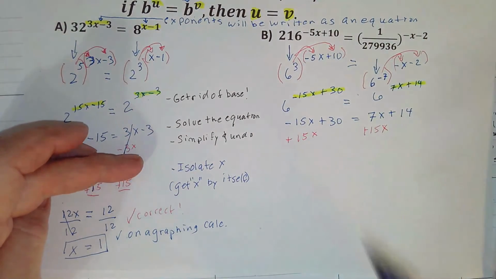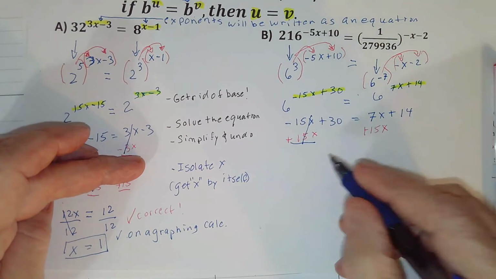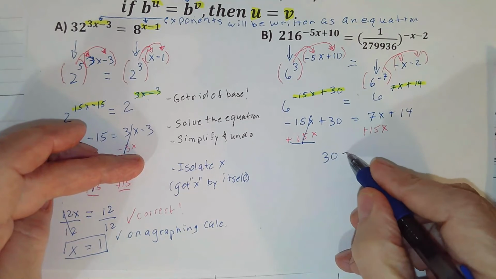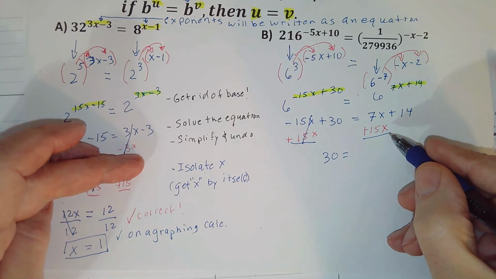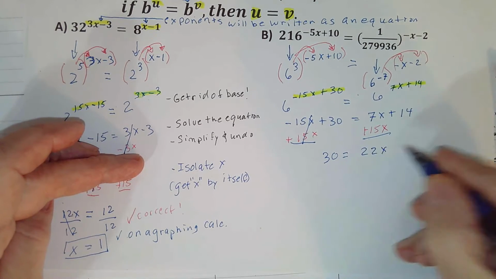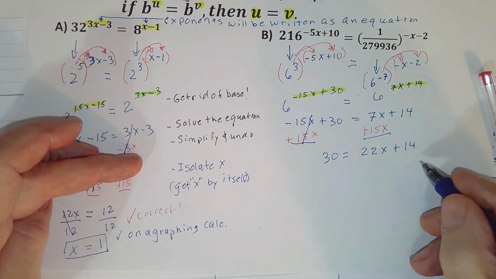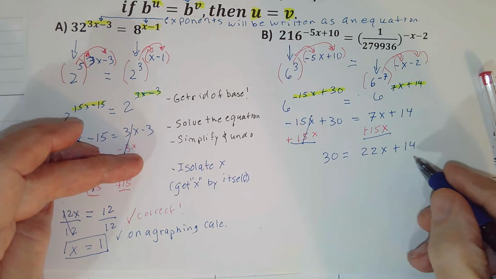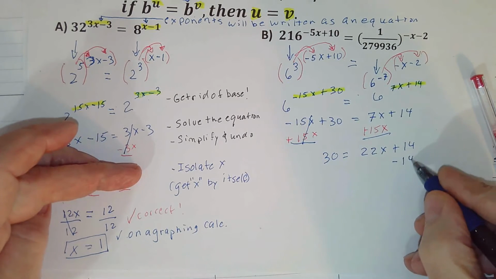And so the 15x and the negative 15x are eliminated, and I have 30 equals, and this is 7 and 15, that's 22 x's, plus 14. All right, now I want to get the 14, get rid of it, because I want to get the x by itself, so I subtract 14 from both sides.